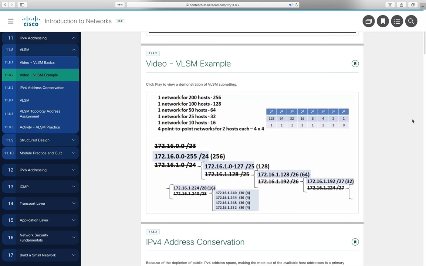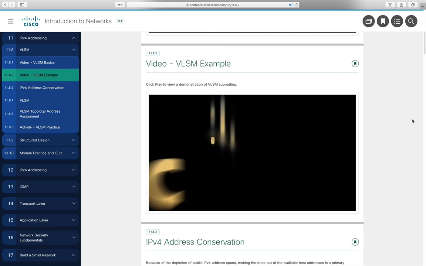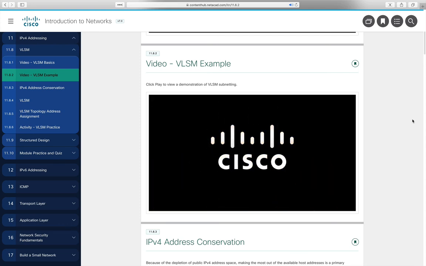In the end, we've created 9 subnets of different sizes: a 256, a 128, a 64, a 32, a 16, and 4 4-host subnets. This is VLSM, and it allows us to create subnets or networks specific to the needs of the network. Okay, I think that was a very good example of variable length subnet mask.